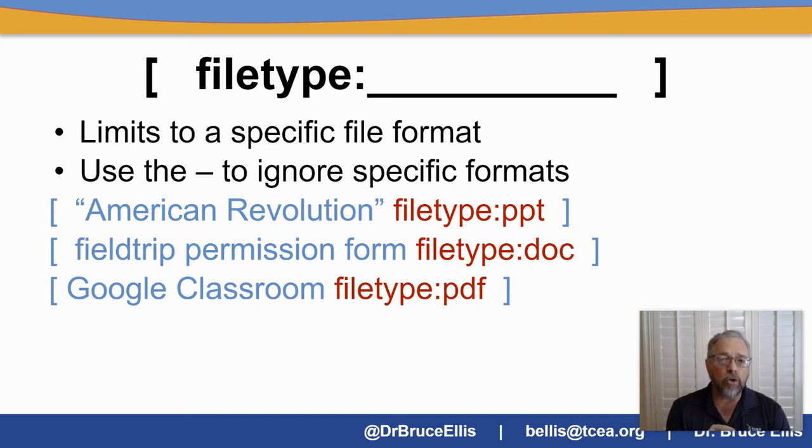File type: and then whatever you put there is going to limit what type of search results you get. So for example, if I'm searching for American Revolution, I could just get everything and anything, but I'm really looking for PowerPoints, then I'm just going to put American Revolution in quotes and then file type: PPT. That'll give me just PowerPoints.